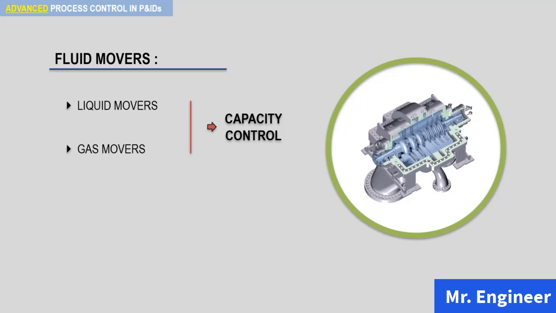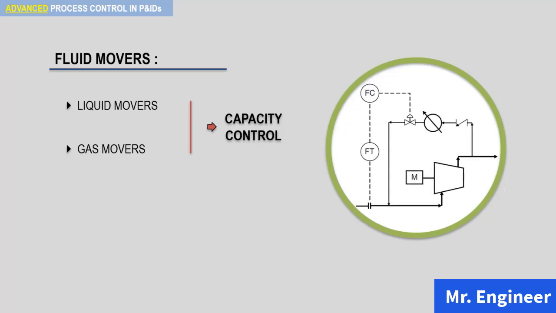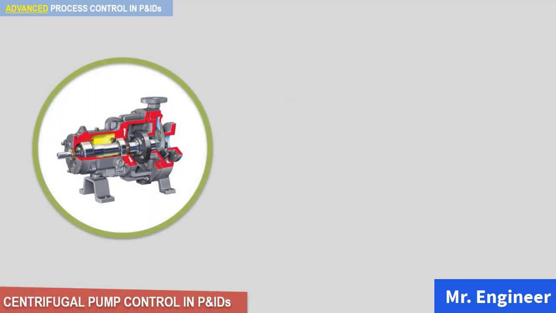Fluid movers may have more control components in addition to capacity control. In this video, we'll start by discussing P&ID control for centrifugal pumps. Then, in later videos, we'll discuss other fluid movers, such as positive displacement pumps and compressors.